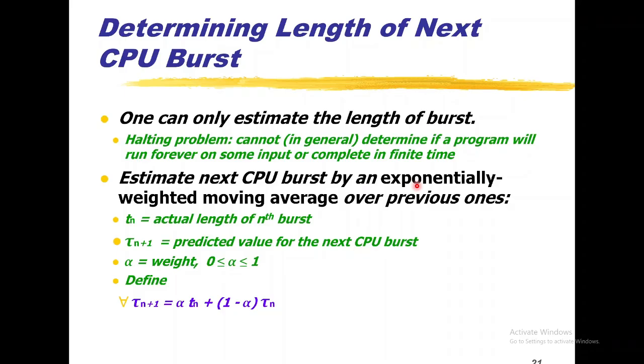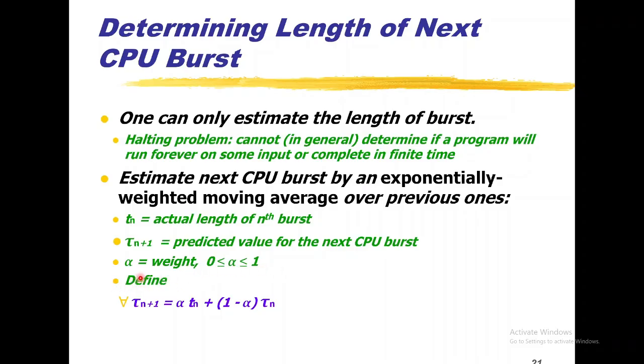So we have T of n is equal to the actual length of the burst time. Tau of n plus 1 is the predicted value for the next CPU burst. How far is the weight? We're looking at between 0 and 1.